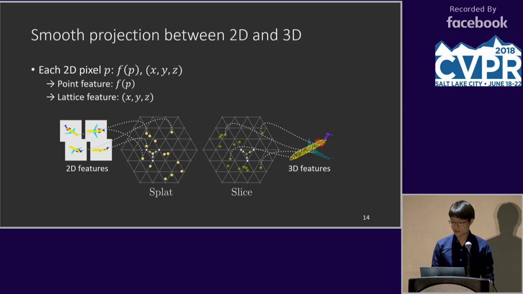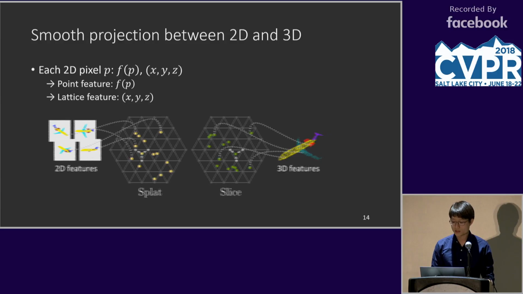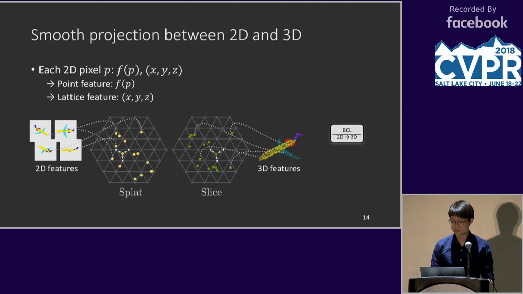And in the slicing step, we can output at the actual point cloud location to gather features for the 3D point cloud. Later, I'll refer to this BCL variant as BCL 2D to 3D. Similarly, we can do the reverse and smoothly project information from the 3D point cloud to 2D images. Later, I'll refer to this as BCL 3D to 2D.